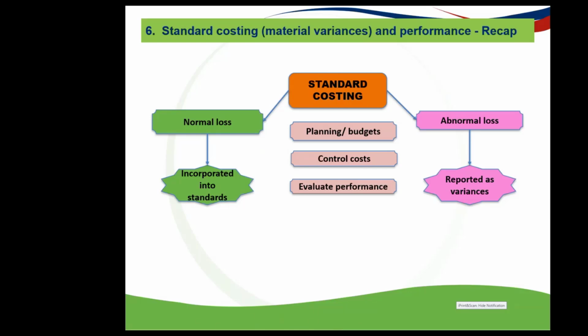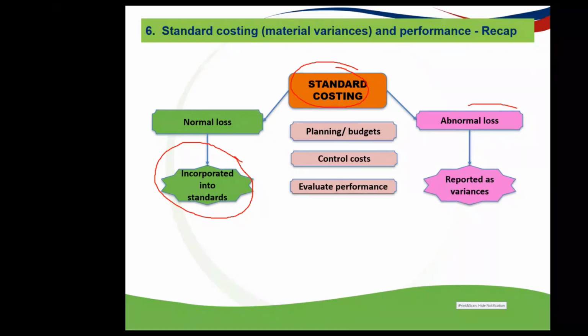So when we're looking at standard costing, remember our standards already incorporate our normal loss. The abnormal loss is what we account for as part of our variances.